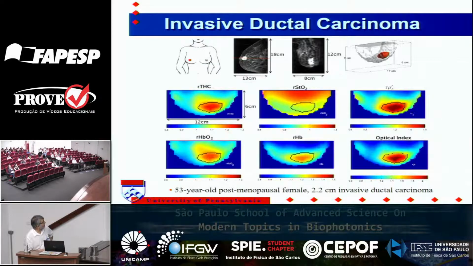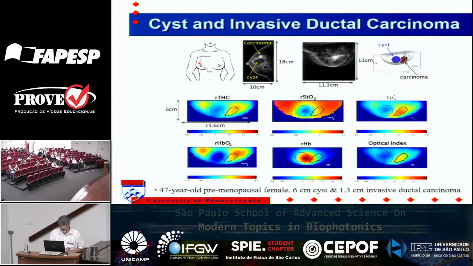And so you can see that, again, we have contrast in the total hemoglobin concentration. In this case, we didn't have much contrast in the oxygen saturation. We had contrast in the scattering. We can construct that optical index to make that a little sharper. So that's good. We can distinguish malignant lesions from normal tissues pretty well.